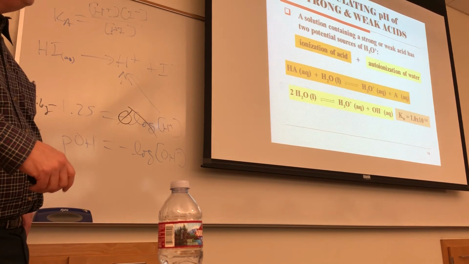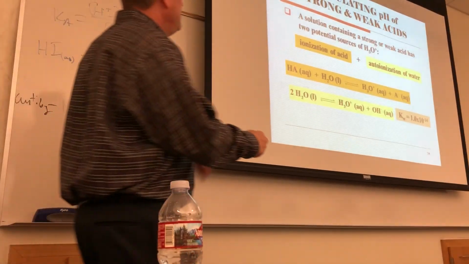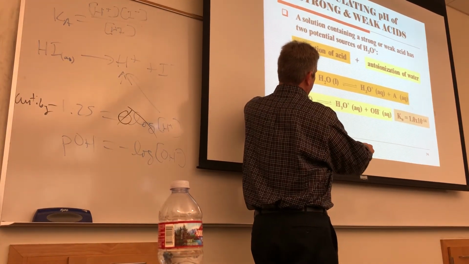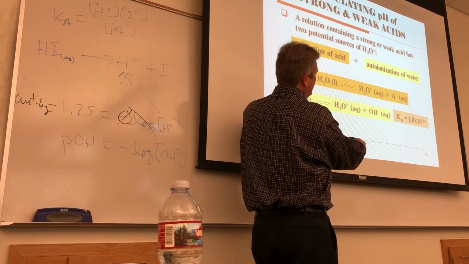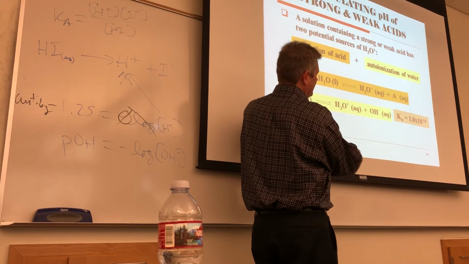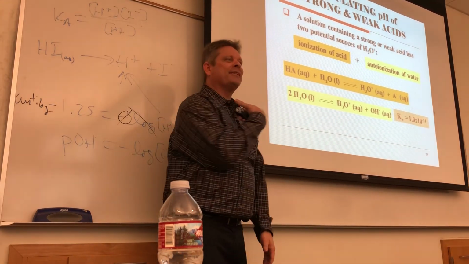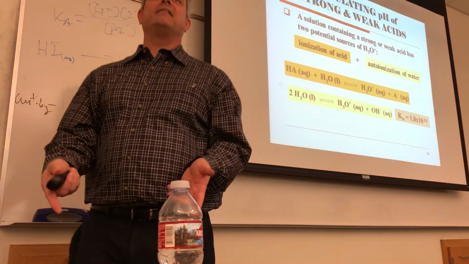So, if I have a solution of this acid, which is a generic acid here, and you have this happening, and then you have the autoionization of water here. As I increase this, what is that going to do to this, based on what we learned early on? Increase it. Le Chatelier's principle, it's going to shift it back, so you're going to have even less of that. That's all that next statement is saying, right?